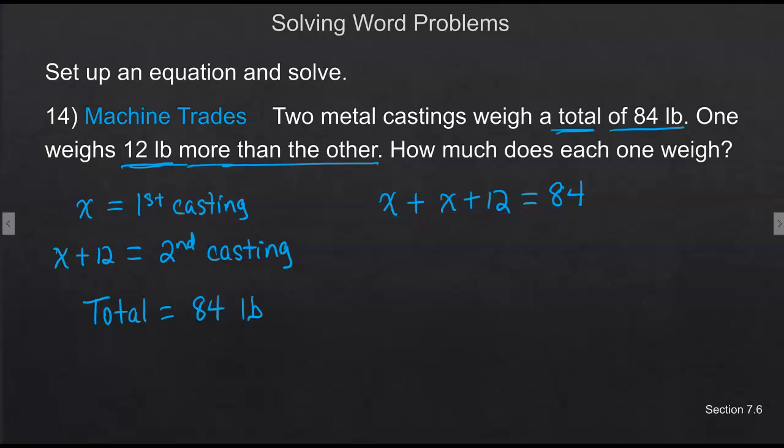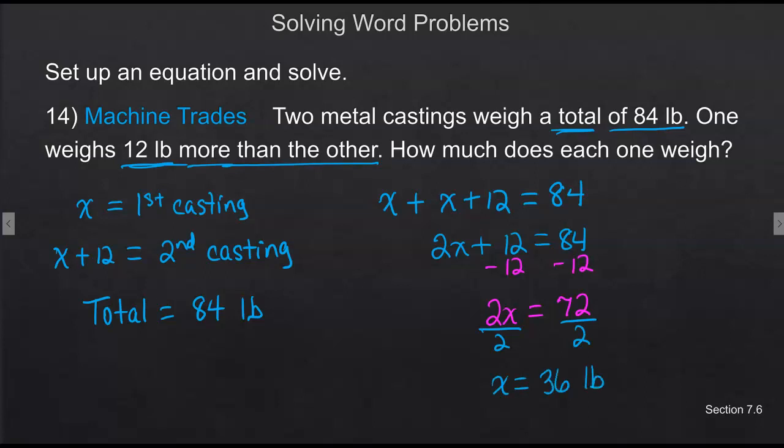To solve, I'm going to combine the X's, so 2X plus 12 equals 84. I subtract 12 on both sides, and that gives me 72. We divide by 2 on both sides, and X is 36, and that happens to be pounds.